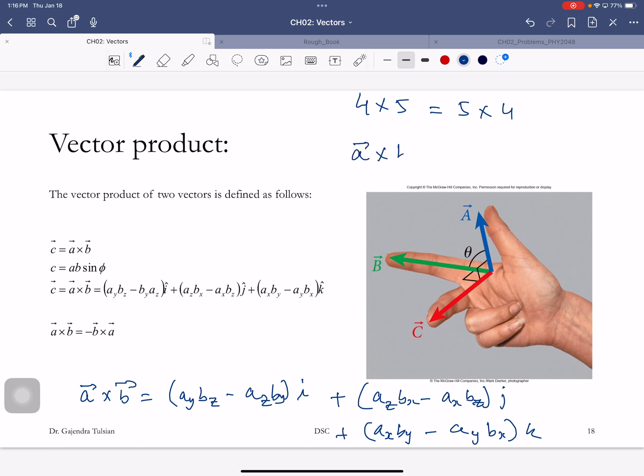Well, A cross B is not equal to B cross A. In fact, it turns out to be equal to negative B cross A. So this vector product is a different sort of product.